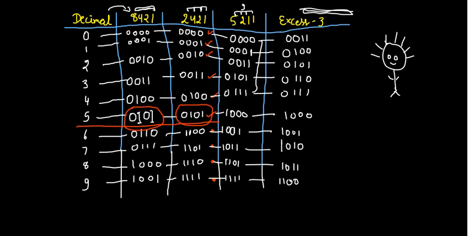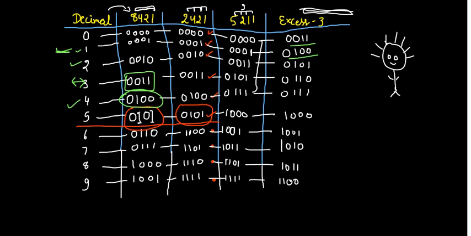Now, when we needed to write 0, we counted 1, 2, 3, excess of 3. We chose this number. And when we needed to write the number 1, we chose 1, 2, 3, which is the fourth number, 0 1 double 0, as you can see here.